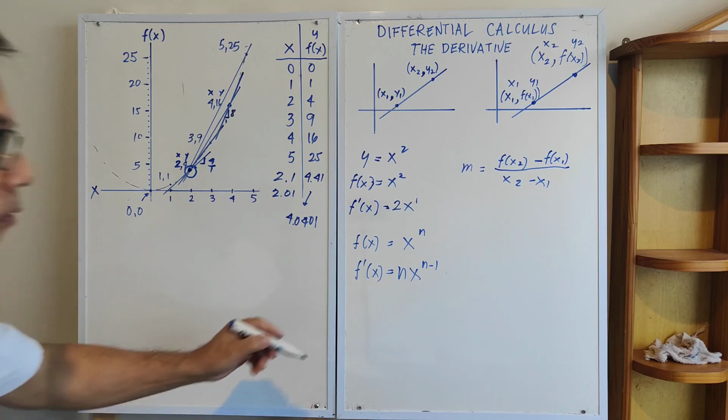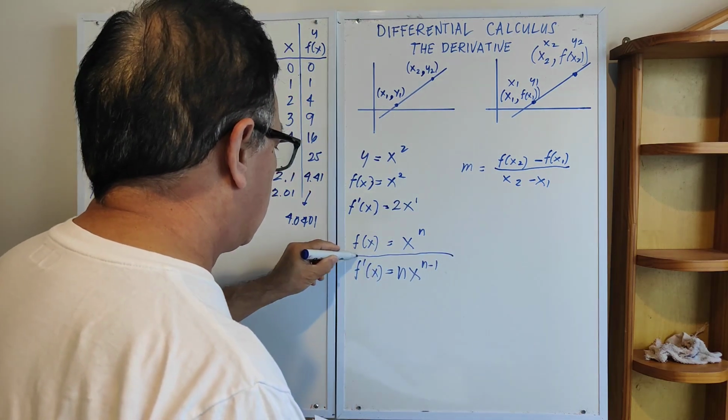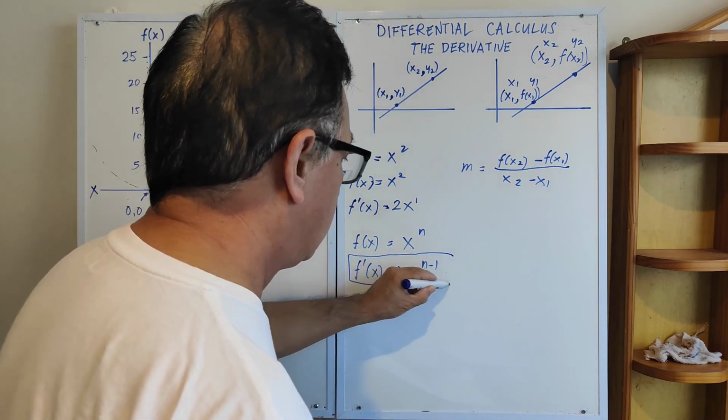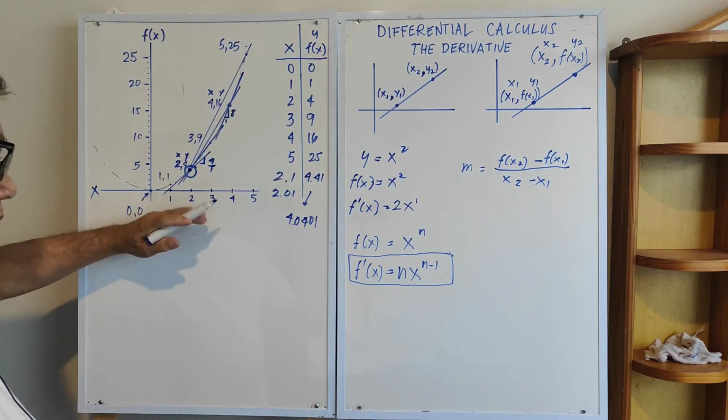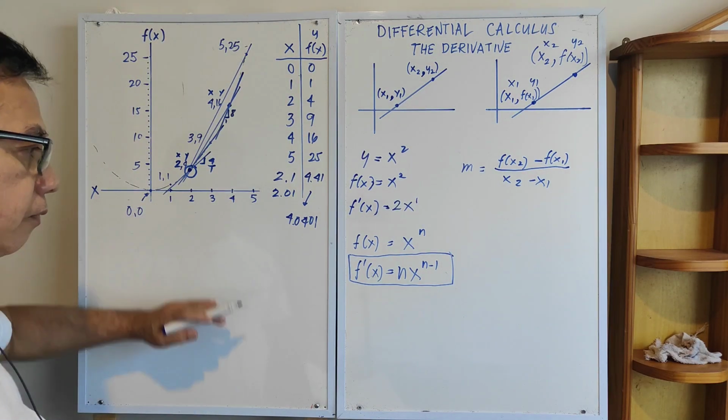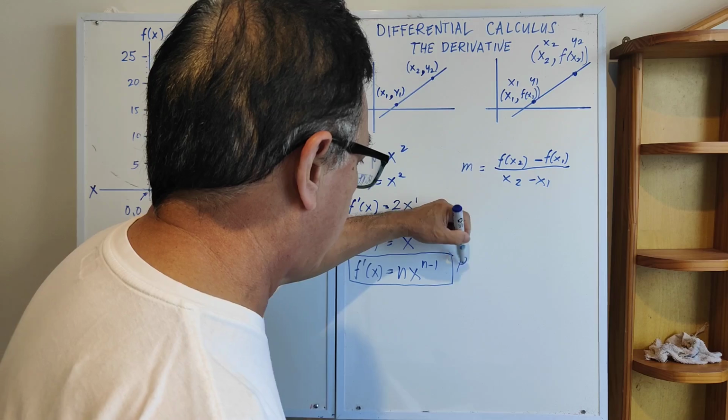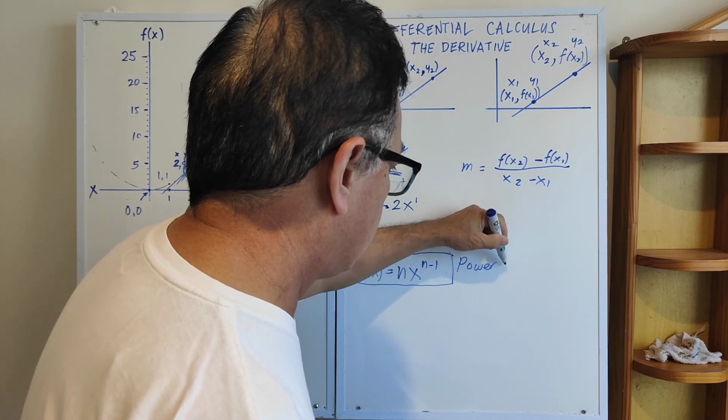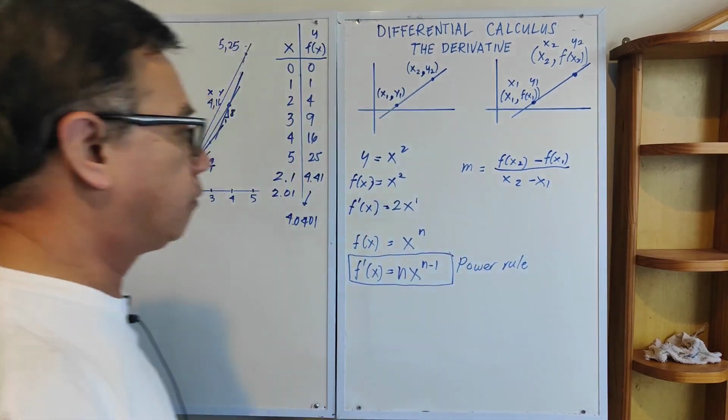So this is called the power rule. This is a shortcut of the difference quotient, so we don't need to do the long method of difference quotient. We can use the power rule to do a shortcut on doing the derivation.